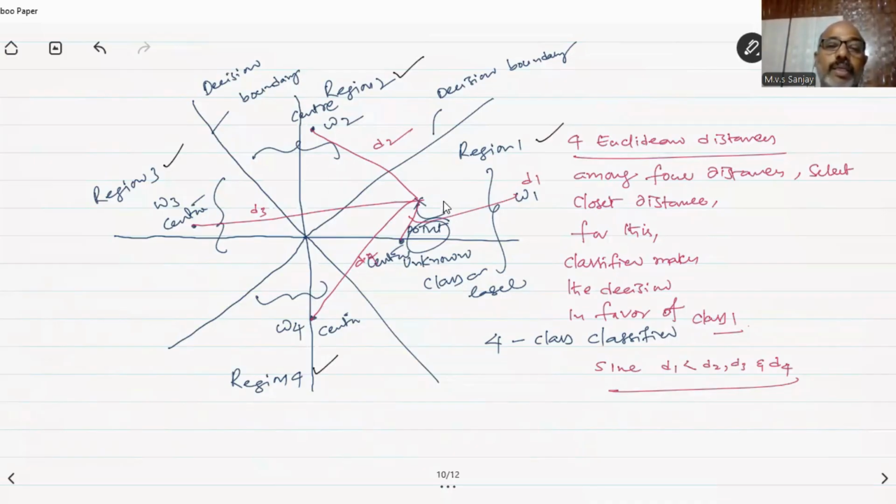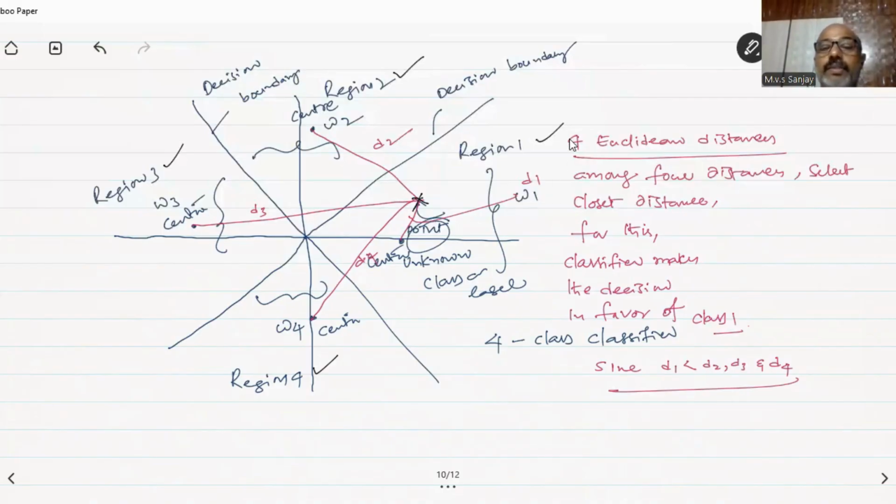Whenever a new point is represented in the plane, here denoted by the cross, we find the distances between the input pattern and the center of each class, say D1, D2, D3, D4.